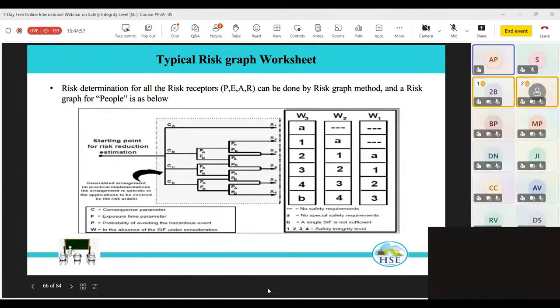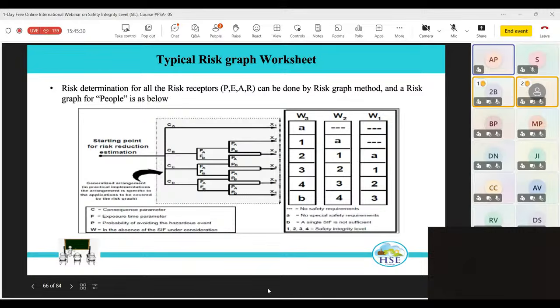Now, if you study this risk graph, you have seen that there are other safeguards available and we are not able to give any credit to these available safeguards in the case of the risk graph, because there is no way we can assign any credit to them. That's why this remains qualitative only. We cannot end up with any numerical answer in the case of this graph.